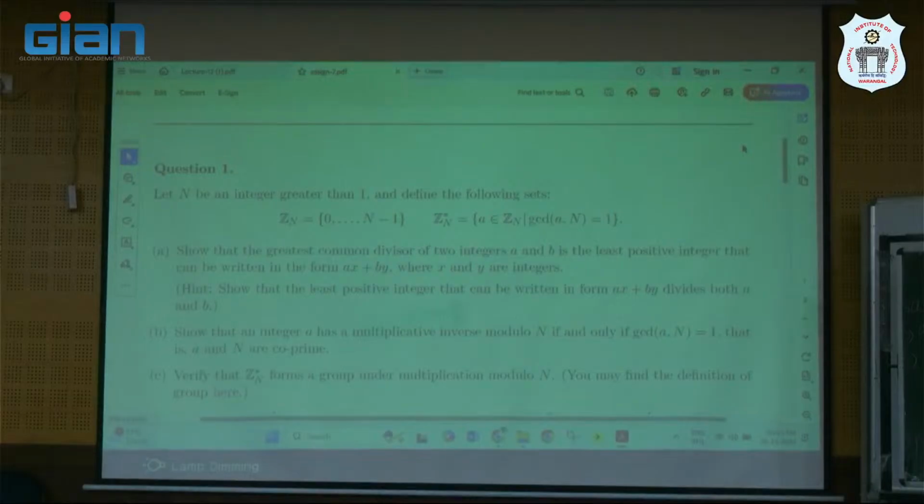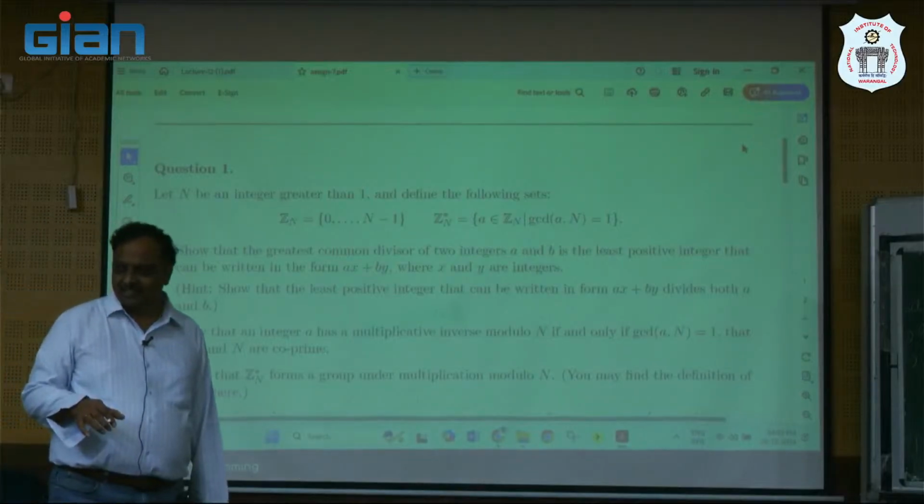So, Z star n forms a group under multiplication mod n. One thing we have seen is that if A is in the group, B is in the group, then A times B is in the group. Agreed? Yes? Now we have to also see that it has a multiplicative inverse, right?